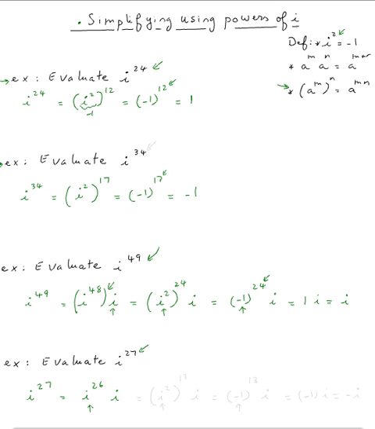So this example will be like this example. i to the 26 is the same thing as i squared 13 times. I know i squared is -1, so I'm going to write -1 to the 13 times i, and -1 to an odd exponent is -1, and -1 times i is just -i. And that's it for this example.